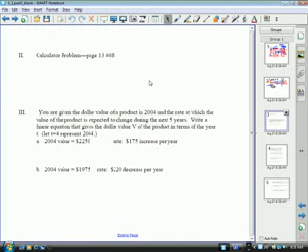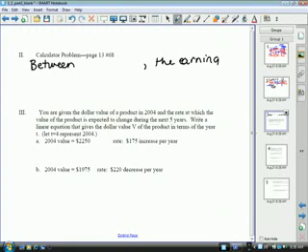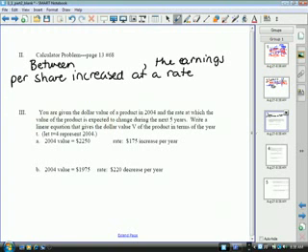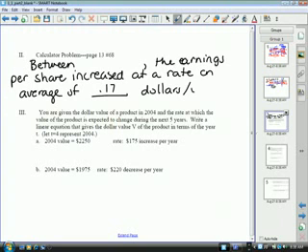Okay, so we said something like between the earnings per share increased at a rate on average of whatever dollars per year.